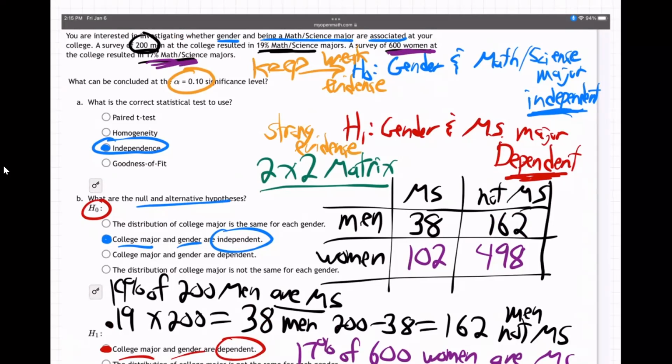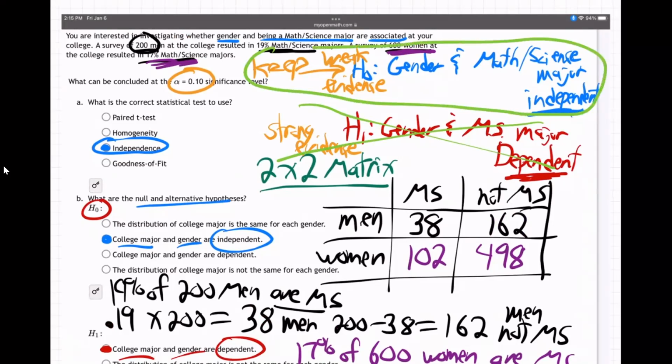I'm going to cross out H1 and I'm keeping H0. That means the evidence is weak, and we're weakly concluding H0, what we assumed to be true. So we stick with the original assumption that gender and math science major are independent.